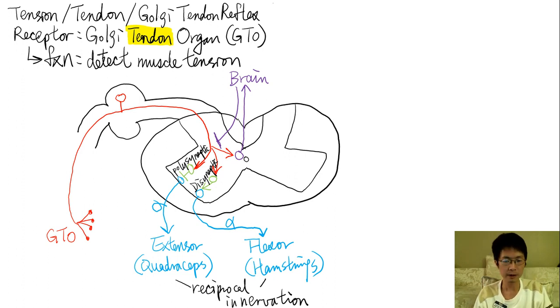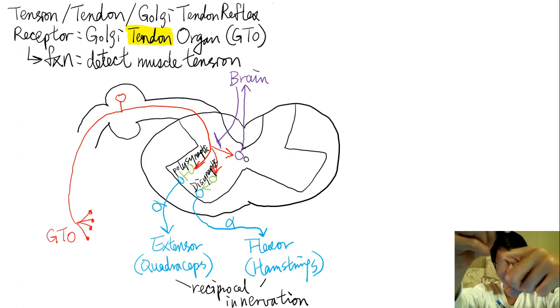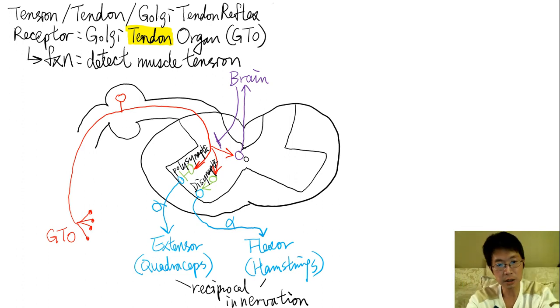What's the function? Why do we do that? Okay, well, think about this. The function is to detect muscle tension. So when you hit here, you are stretching your quadricep. What does that mean?